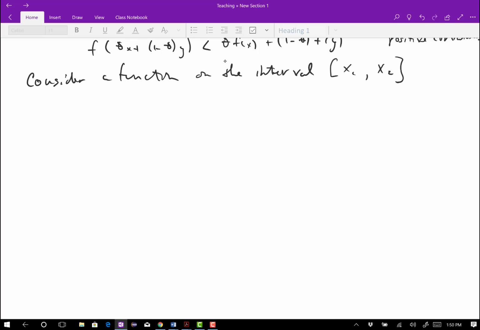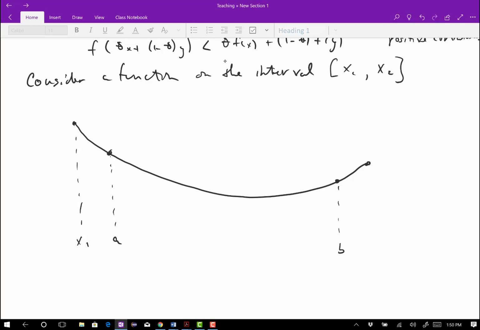So if we have our function starting here at x1, then we'll trace out the function. That point is x1. We're going to take a point here, and we're going to call it A, and another point here, which we'll call B. And then the end of our interval is here. So that's x2.